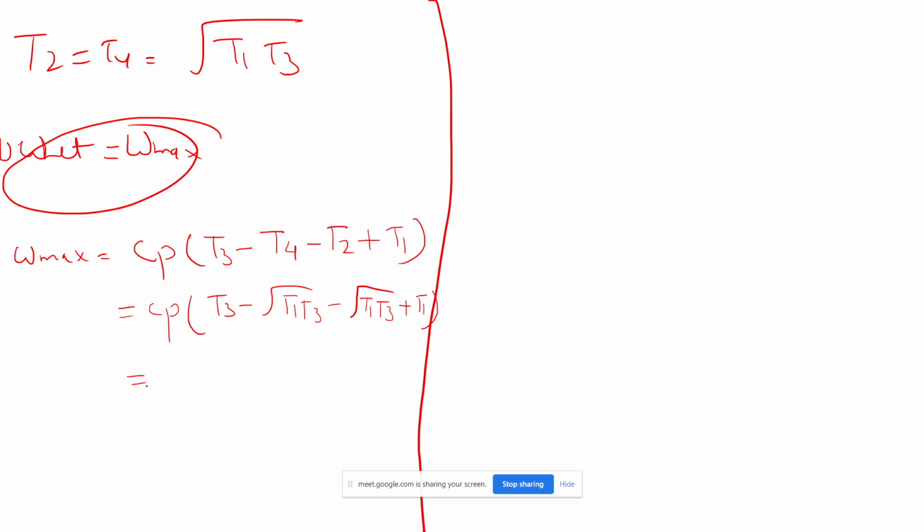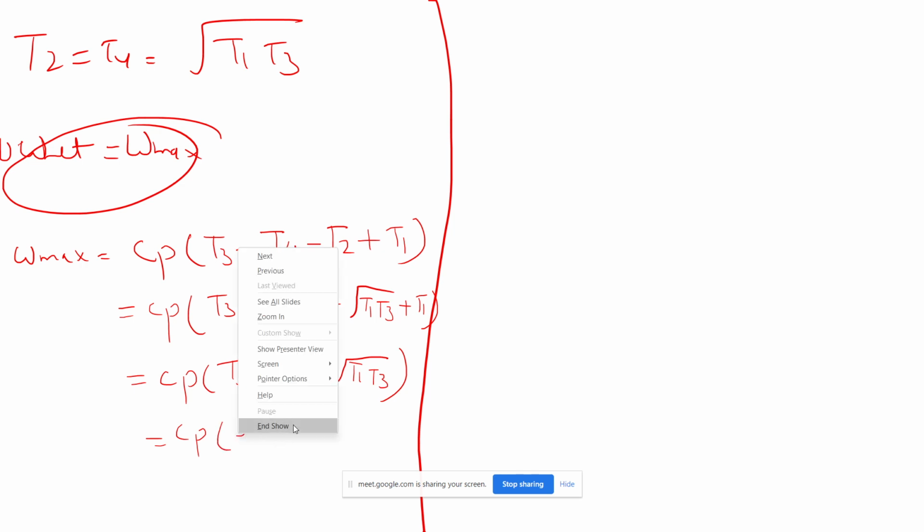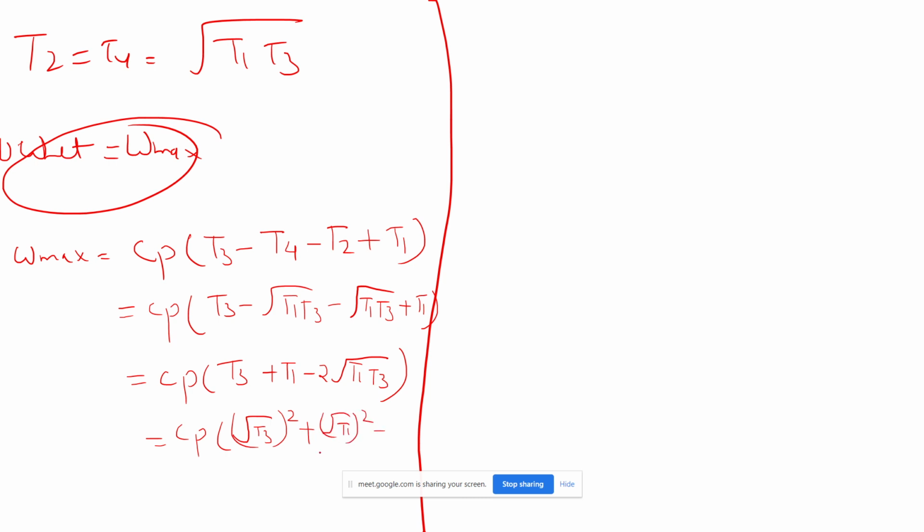Okay, it will become Cp (T3 plus T1 minus 2 times under root T1 T3), which can further be written as Cp (under root T3 whole square plus under root T1 whole square minus 2 into under root T1 T3).